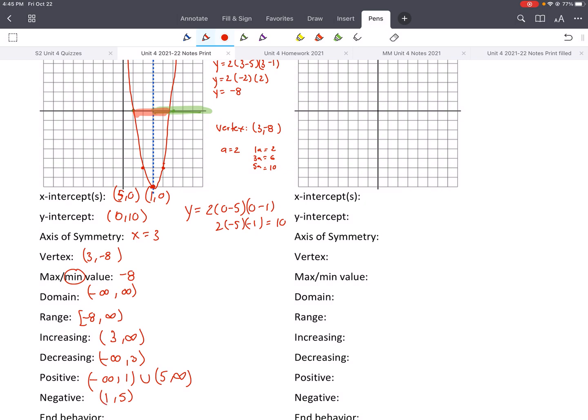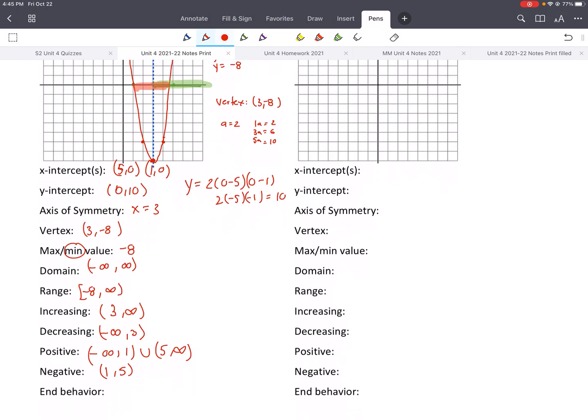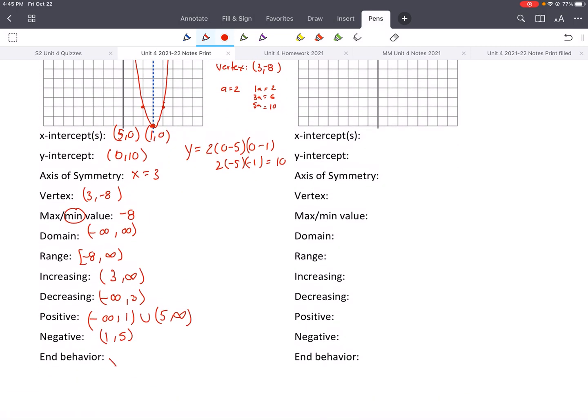And then end behavior, the arrows are going up, so y is going to infinity. So as x goes to infinity, y goes to infinity. And as x goes to negative infinity, y goes to infinity.